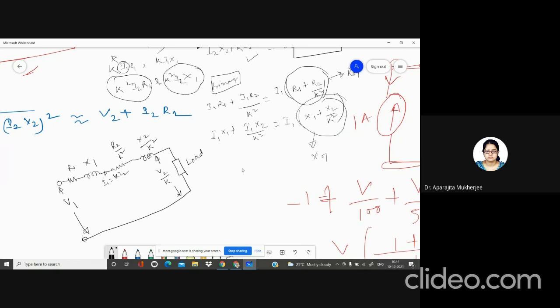So now we can say this circuit is the equivalent circuit of transformer referred to primary.